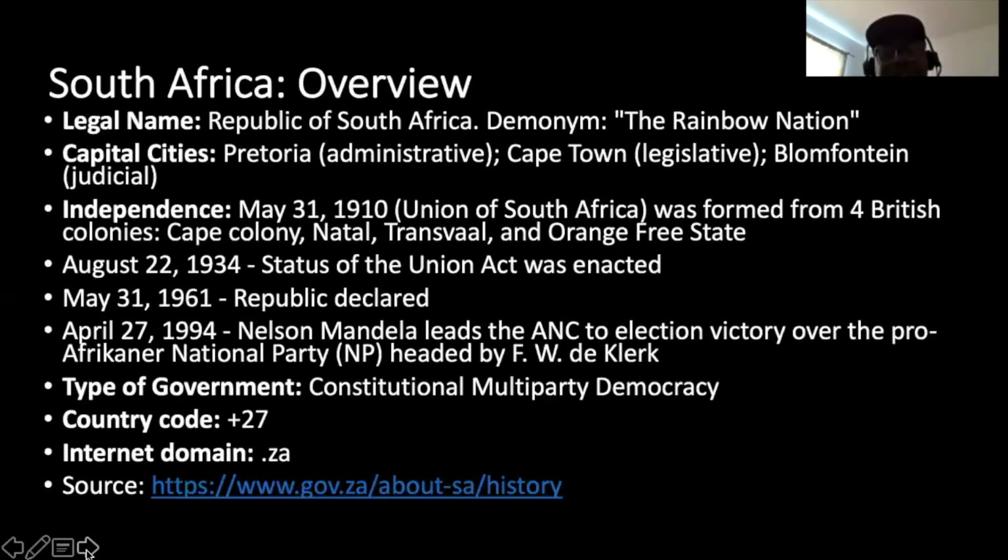And so that is why 1994 is seen as the time of independence. The country code is +27, and the internet domain is .za.